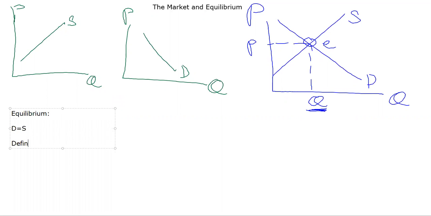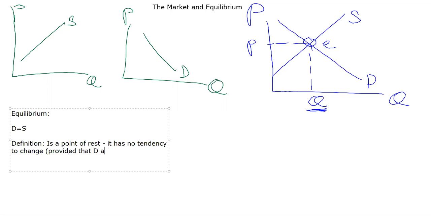But its proper definition, which unfortunately a lot of people don't pay heed to, although it is required if you get a question on this, is that equilibrium is a point of rest. That is, it has no tendency to change, obviously, provided that demand and supply conditions do not change.